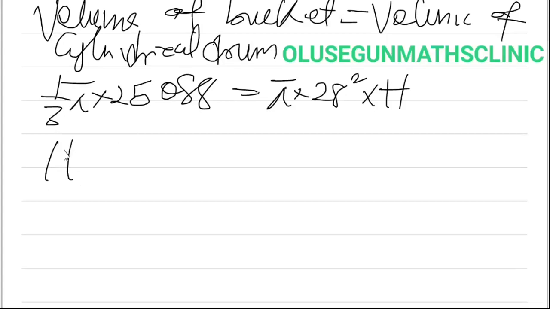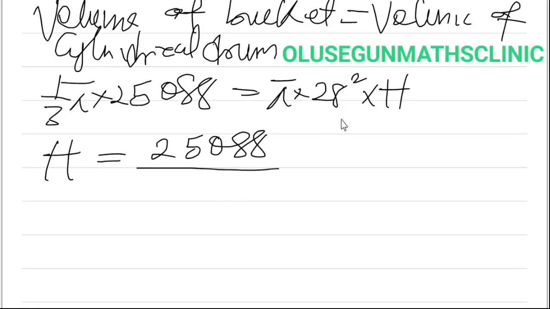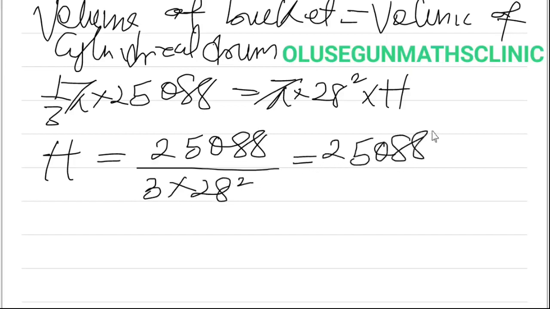We have h to be 25,088 over, with pi cancelled, 3 times 28 squared, which is 25,088 over 2,352.